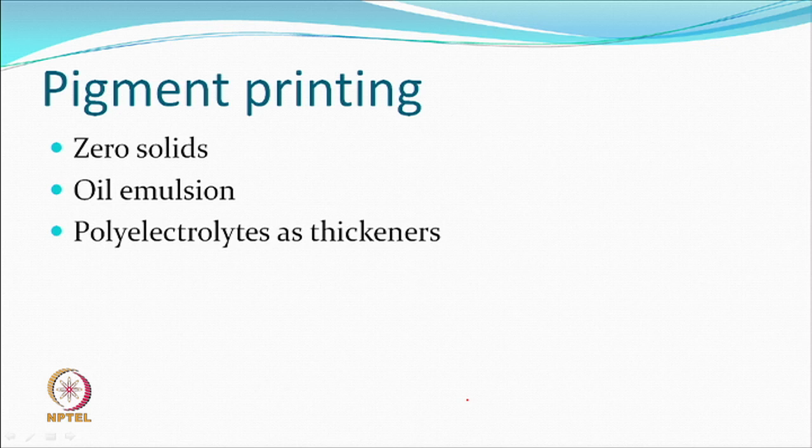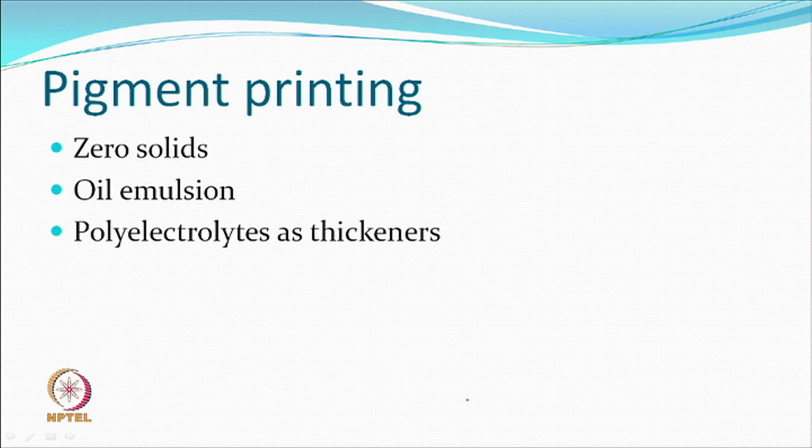People have written some questions on pigment printing. So, I am just trying to make sure that we all think along the same lines. Pigment printing wanted a zero solid thickener, because you are making a film of a binder, and if it can bind a pigment, it can bind any other particle also.